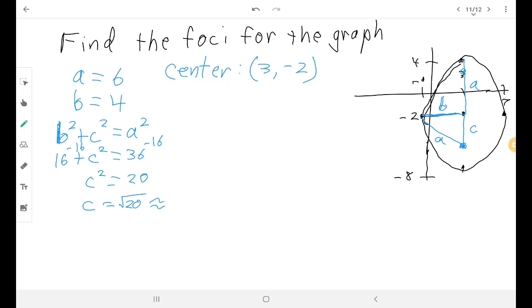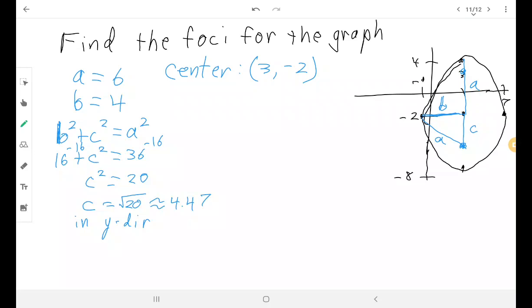So square root of 20 is approximately 4.47. And this is in the y direction, right? We can tell that by the picture.